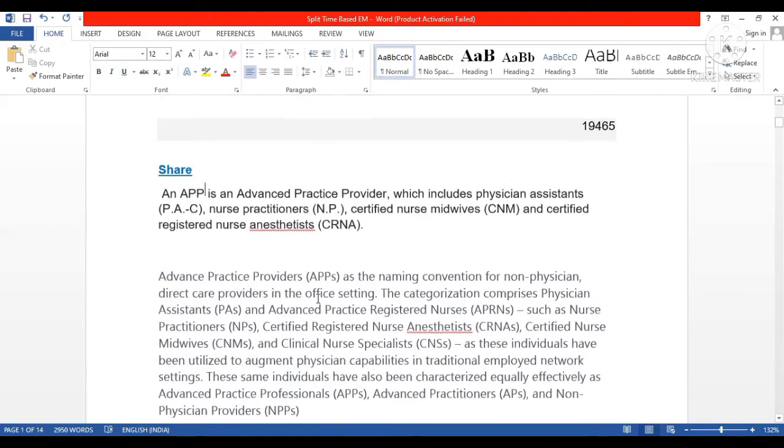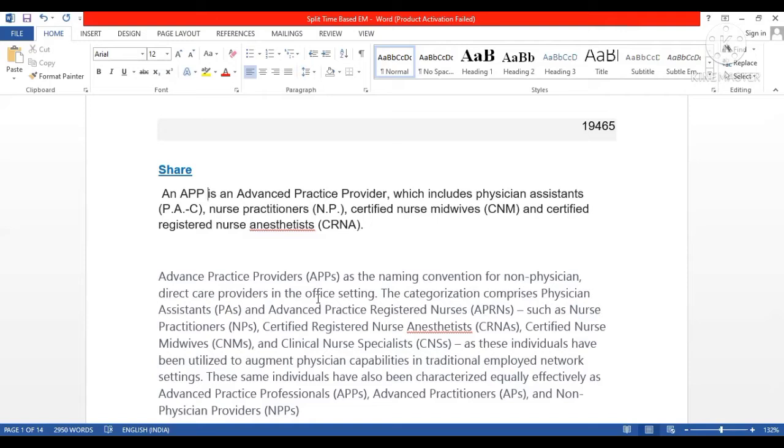When a PA, NP, CRNA, resident or fellow is also involved in these E&M visits, they also mention their time in the chart, and the MD also mentions their time.